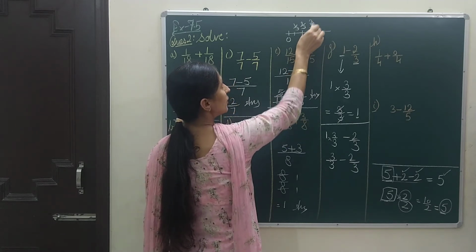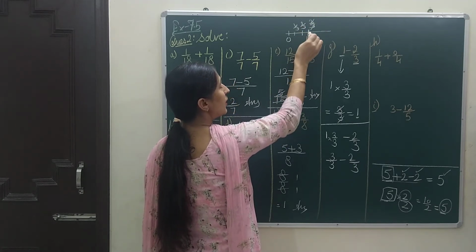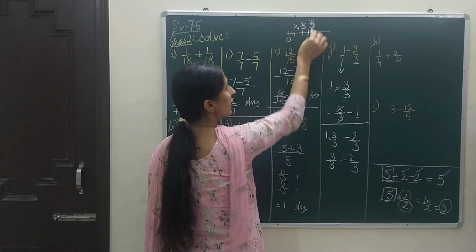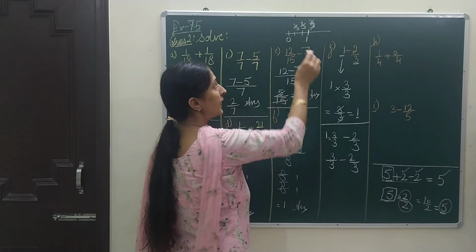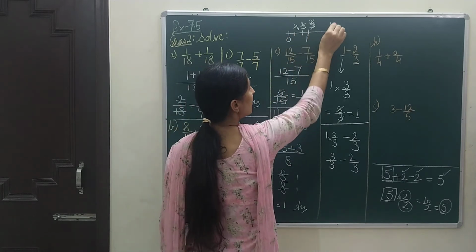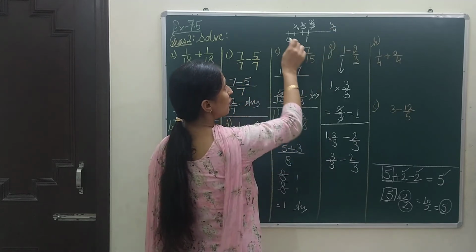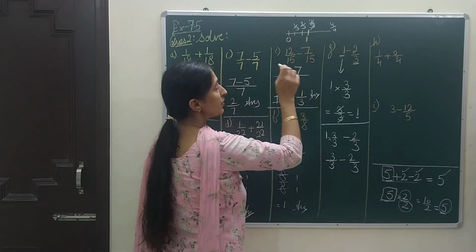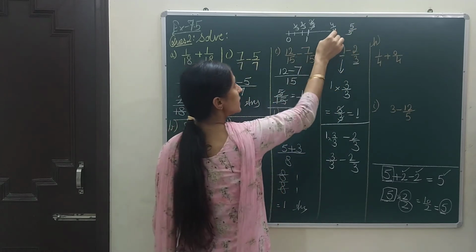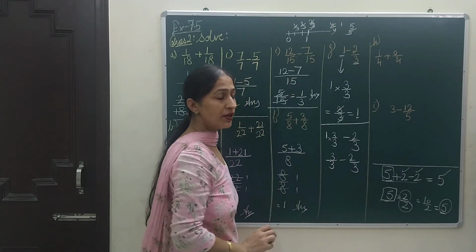I also told you at that time that the value at 1 will be the same as that number. That means you can write this 1 as 3 by 3. If you divide that portion into 4 parts, then at 1 you will have 4 by 4. If you divide it into 5 equal parts, then at 1 you will have 5 by 5. Because these will cancel and you will get 1.